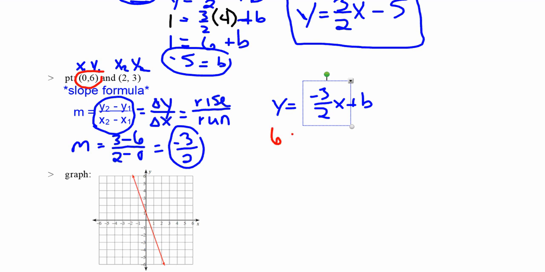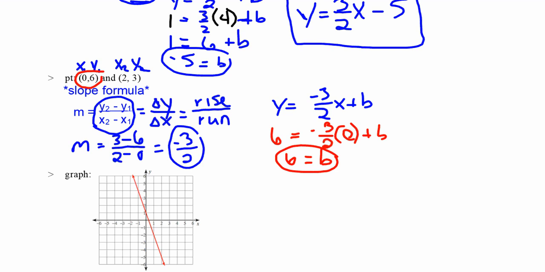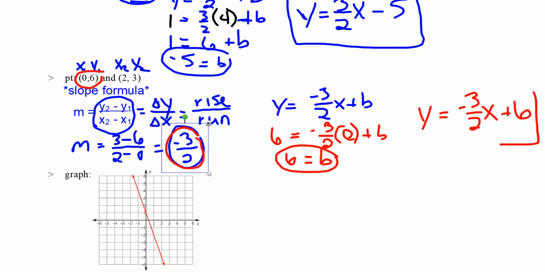So I have 6 is equal to negative 3 halves times 0 plus b. Negative 3 halves times 0 is just 0, so that leaves me with 6 equals b. And so once again, I've got my y-intercept and my slope, and I can write the equation y equals negative 3 halves x plus 6.